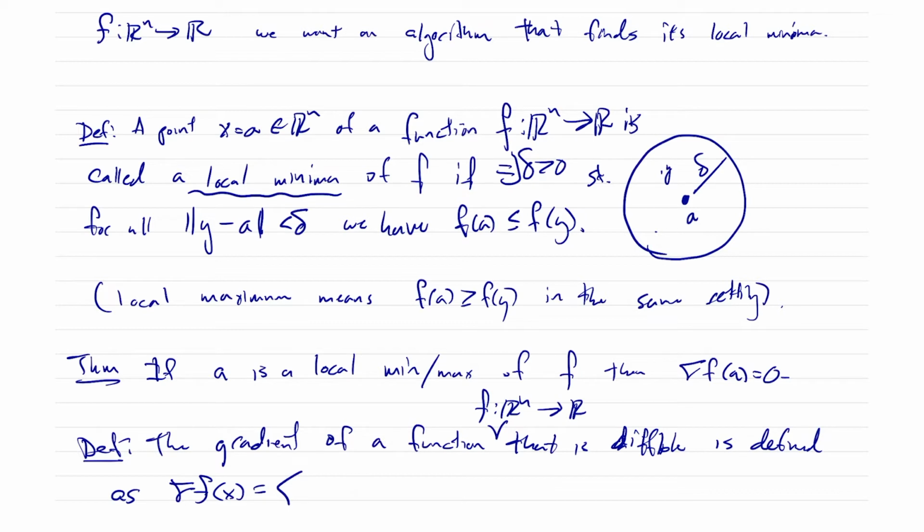And we usually think of gradients as row vectors, although some other people actually do think of them as column vectors, and so you just have to be careful about the notation when you're confronting a new paper. But so we have d by dx1 of f of x, comma d by dx2 of f of x, etc. And basically we just make a vector of the partial derivatives at this particular point. And there you go, and that's the gradient.